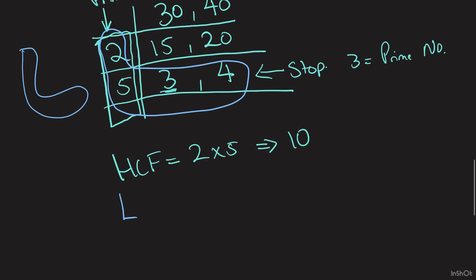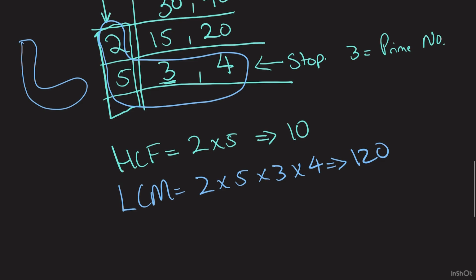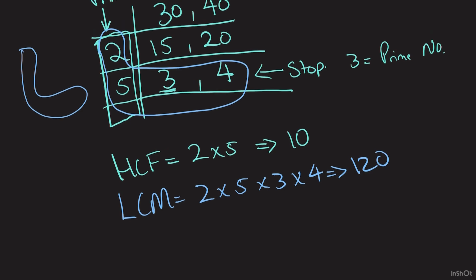So LCM equals 2 times 5 times 3 times 4, which, putting it in the calculator, gets us 120. So the final answer is HCF equals 10 and LCM equals 120.